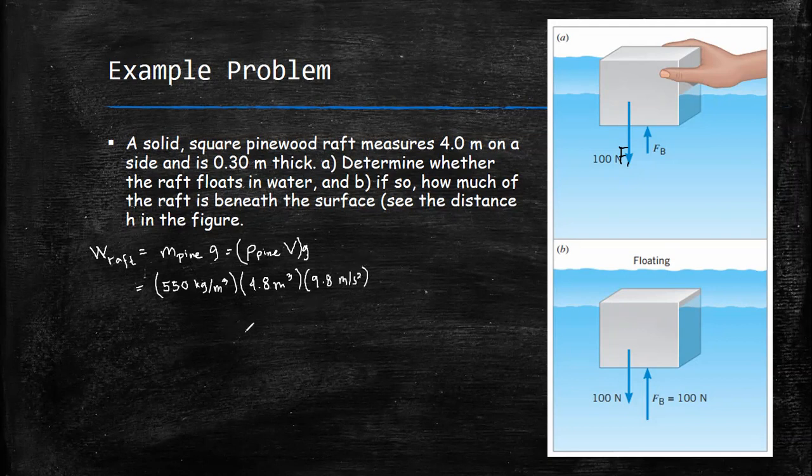So calculating this one, we can get the weight of the raft, which is equal to 26,000 Newton.